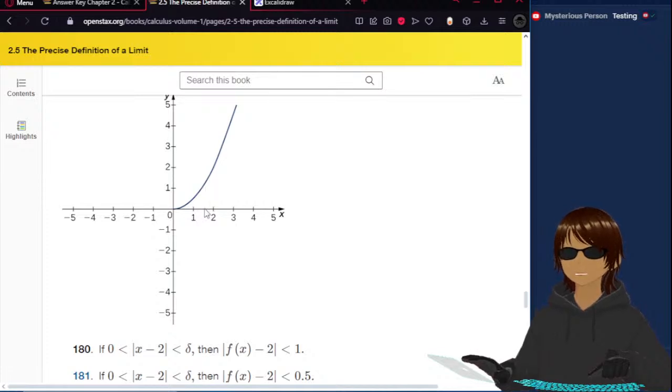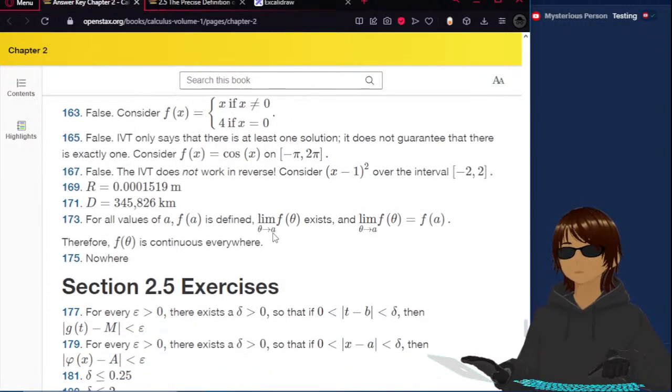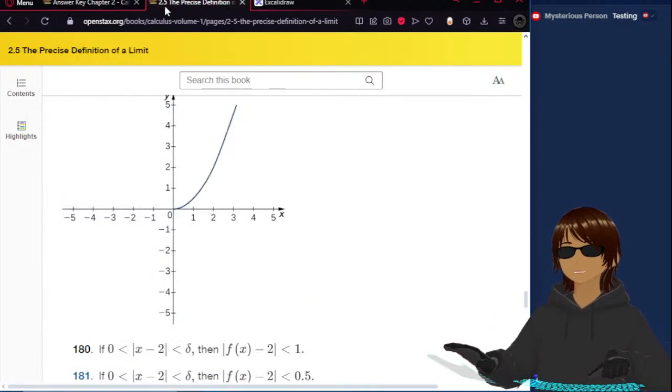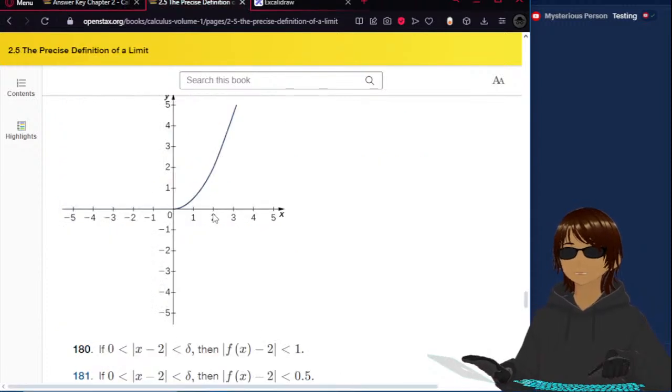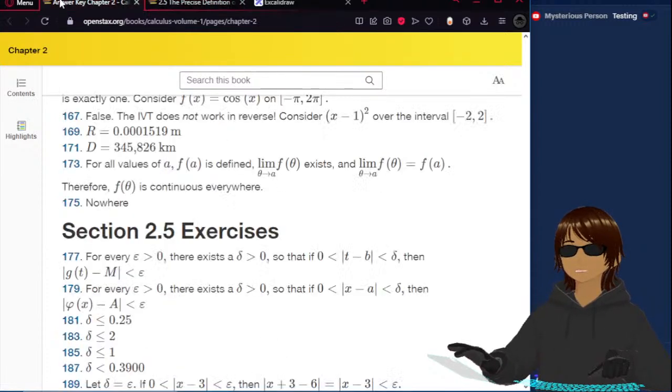I would say like 1.8. Exercise 181. 0.25. Yeah, I mean like 2 minus 1.8.